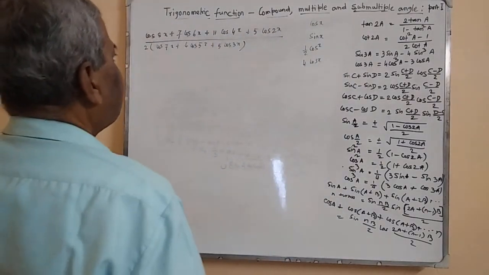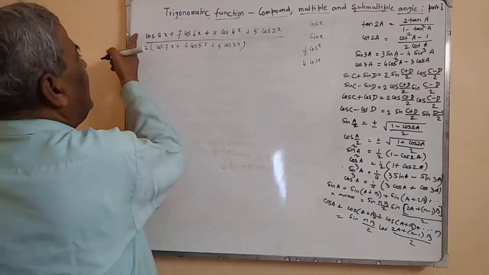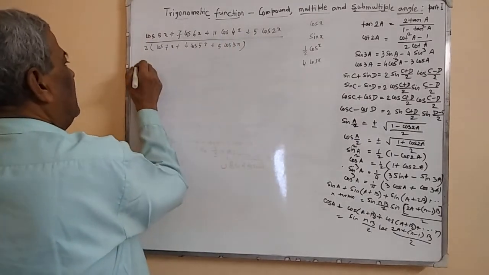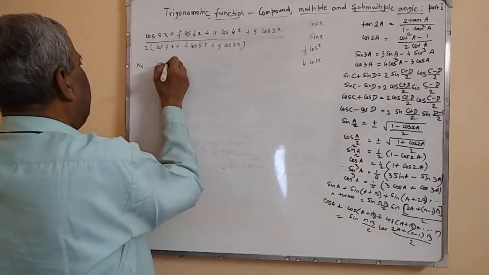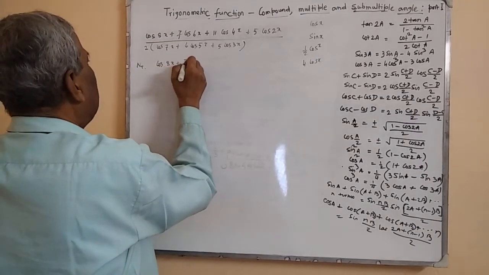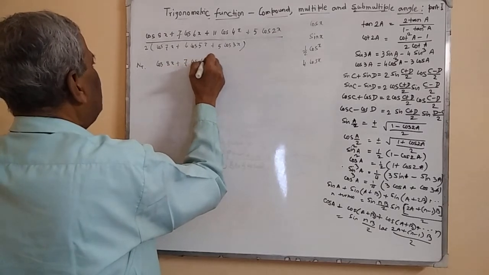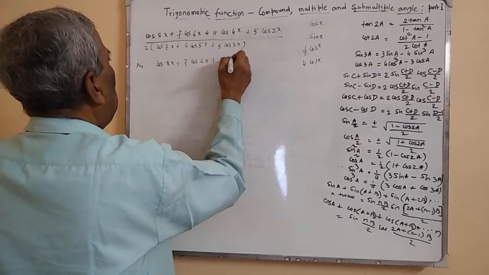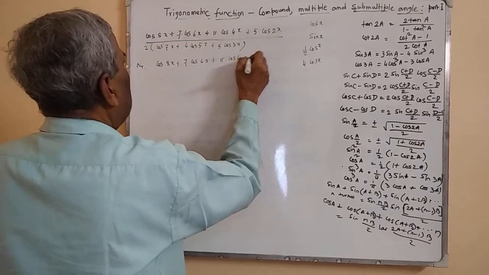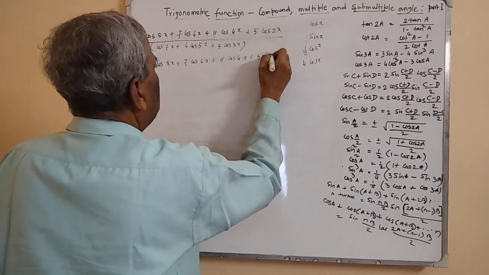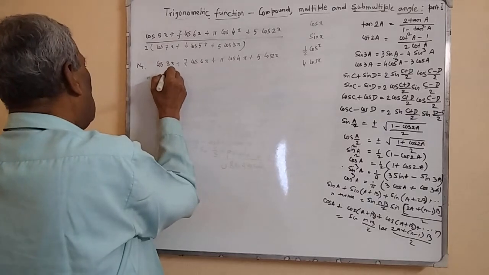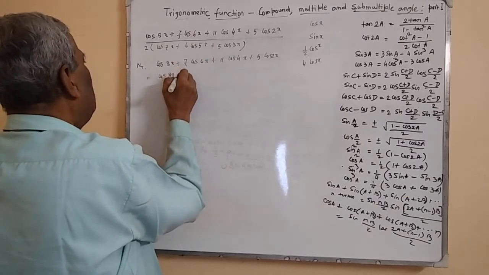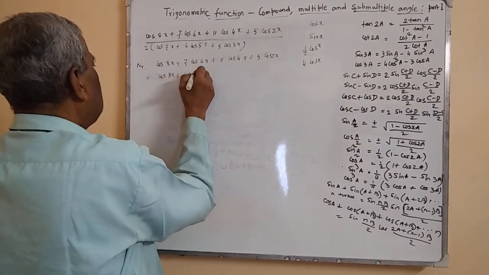So, numerator of the given one, numerator only I am writing: cos 8x + 7 cos 6x + 11 cos 4x + 5 cos 2x. This can be written as cos 8x + cos 6x.